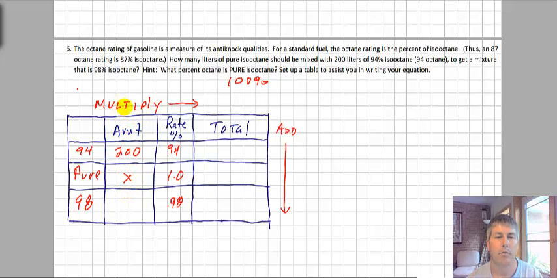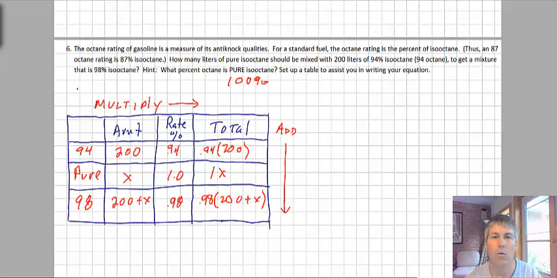Now on our tables, we know we multiply across. We add down. So the total column here is going to be 0.94 times 200. And this is going to be simply 1x. And now we add down the amounts. The 98 is going to be the 200 plus whatever pure we add. So that's 200 plus x, which makes our total column 0.98 times 200 plus x.